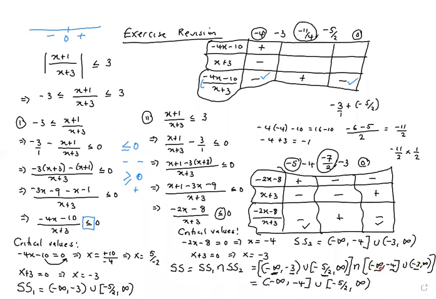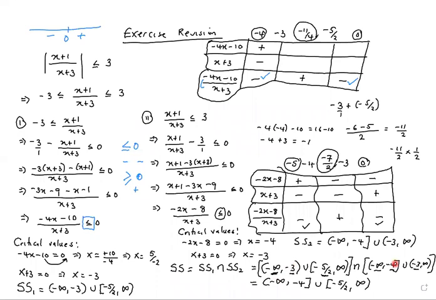Between negative infinity and negative infinity, we get the biggest, but it's just negative infinity. Between -3 and -4, we get the smallest.